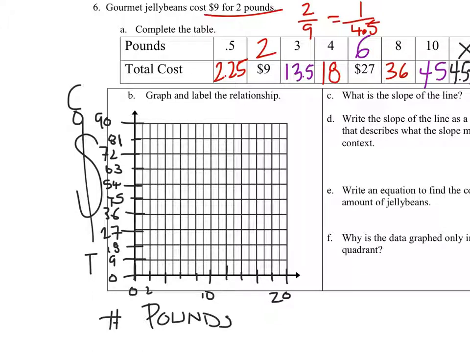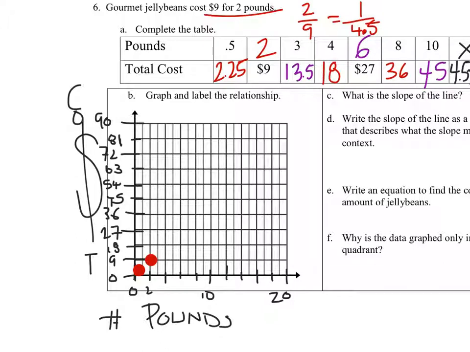Well, now that we have the scale and these axes labeled, let's put these points on this graph. At 0.5 we had 2.25, which would be right about here. For 2 we had 9.